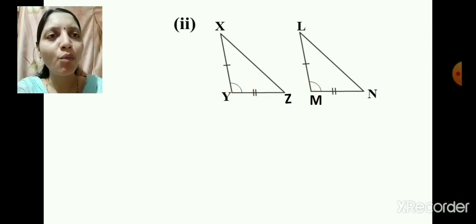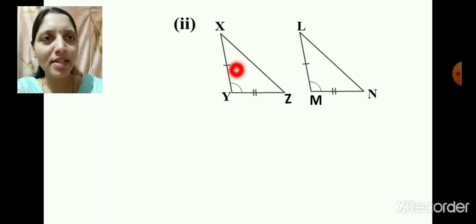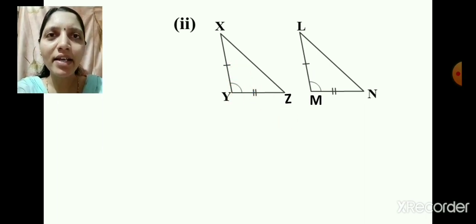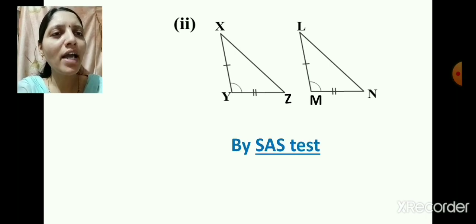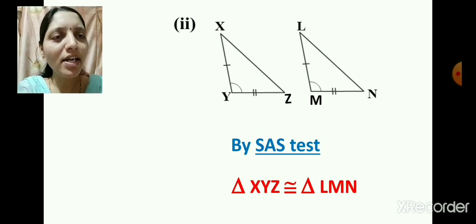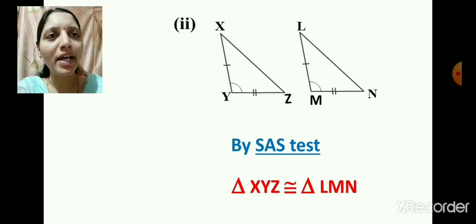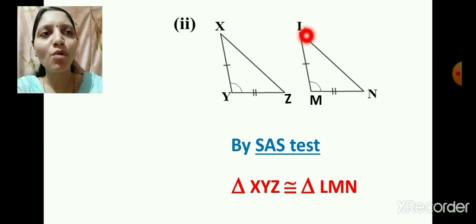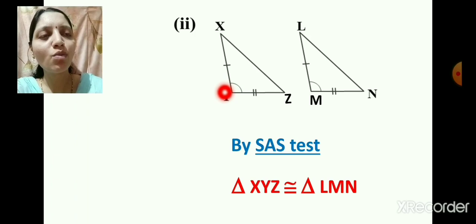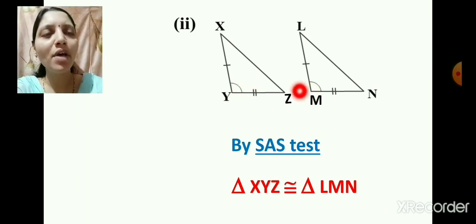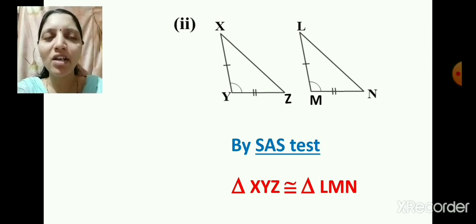That means which test can we apply here? Side angle side test. So let's write down, by side angle side test, triangle XYZ is congruent to triangle LMN, because here vertex X corresponds to vertex L, vertex Y corresponds to vertex M, and vertex Z corresponds to vertex N. So we can write here triangle XYZ congruent to triangle LMN.